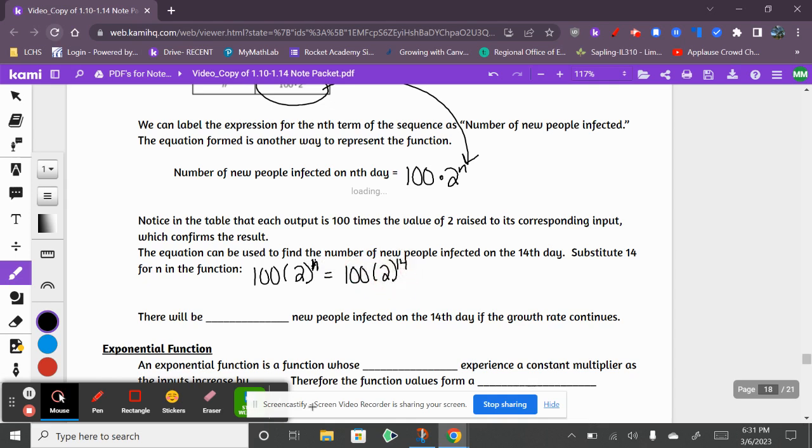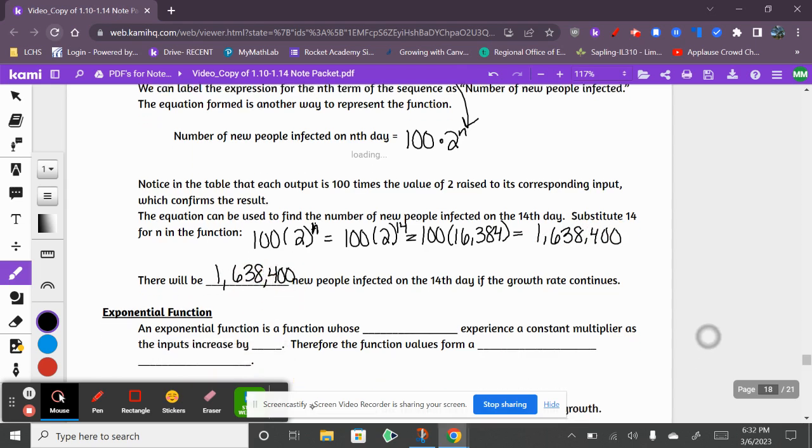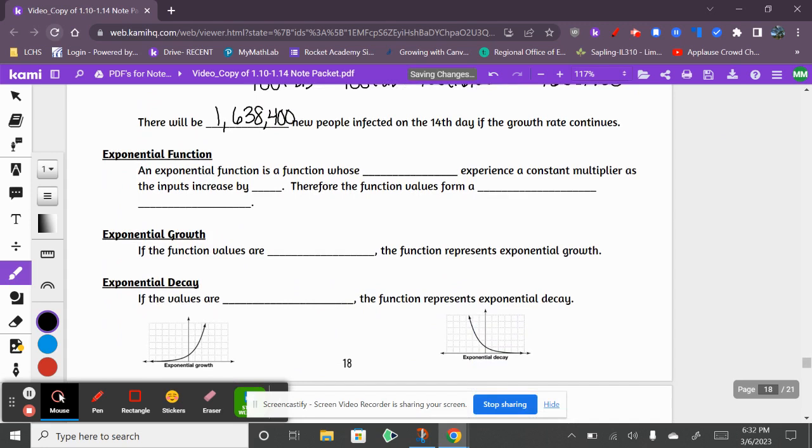So you will use your exponent button and have 2 to the 14th, which will give you 16,384. And you'll multiply that by 100 to get 1,638,400 people. So we can say there will be 1,638,400 people infected by the 14th day if this continues.